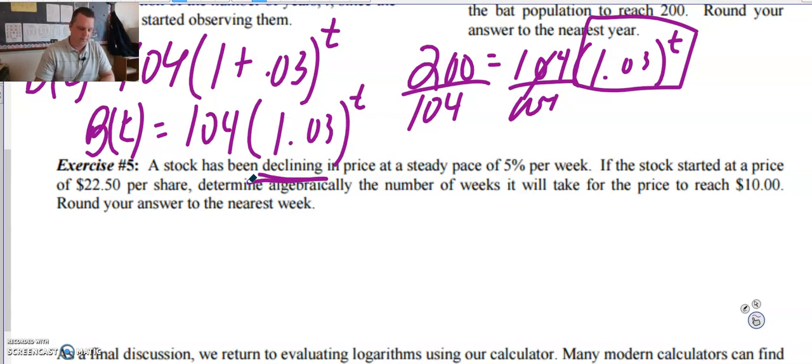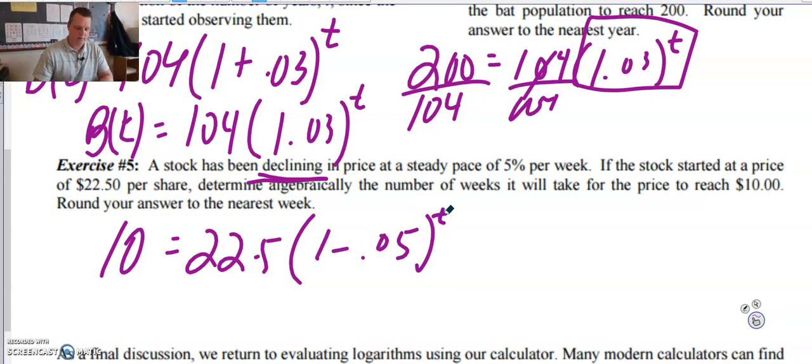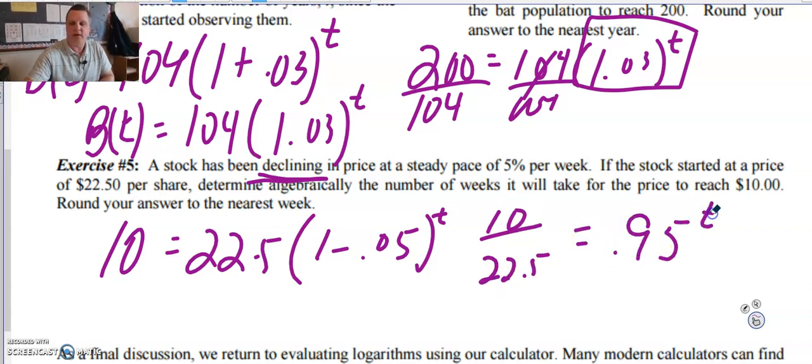So when you plug it in, your ending amount is 10, and it equals 22.50, that's your starting amount, times (1 minus 0.05) to the t. So you do 10 over 22.5 equals 0.95 to the t.